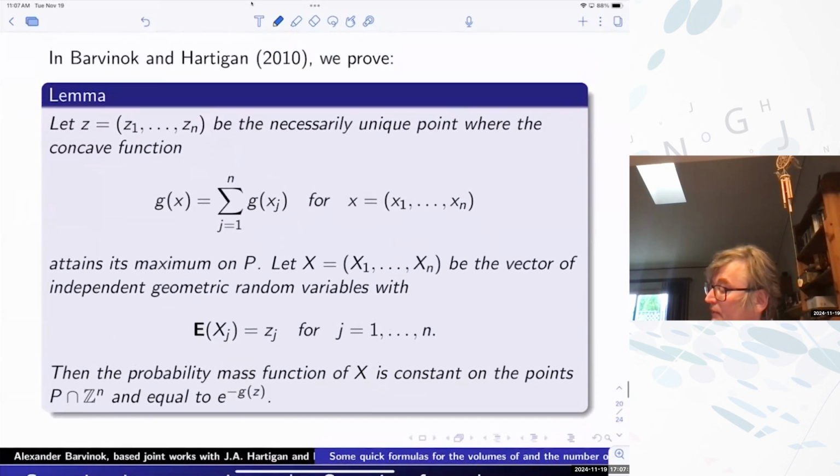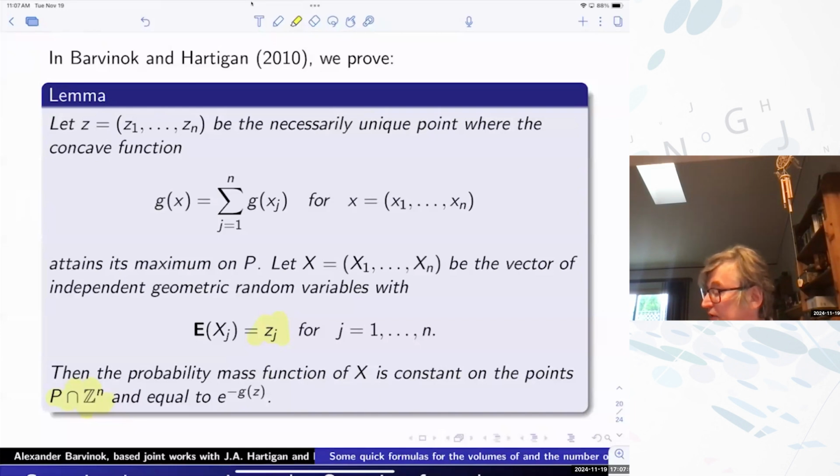Right. So that's a lemma that basically says that if you take independent random variables with the expectations obtained from maximizing the entropy, then you get a discrete distribution on the lattice, supported on non-negative integer vectors and with constant probability mass function on the integer points in the subspace, right?